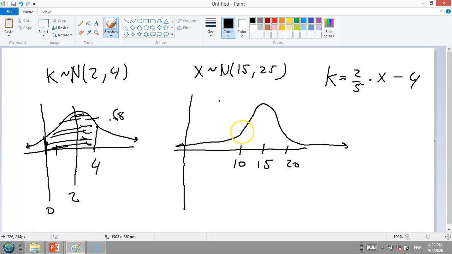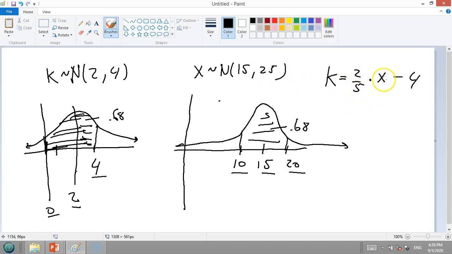And this should also be 0.68 between the 10 and the 20. So guess what? The 10 should correspond to a 0, the 15 should correspond to the 2, and the 20 should correspond to the 4. I'm just double checking here.